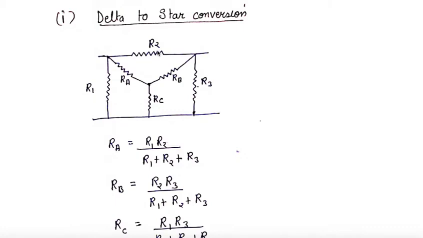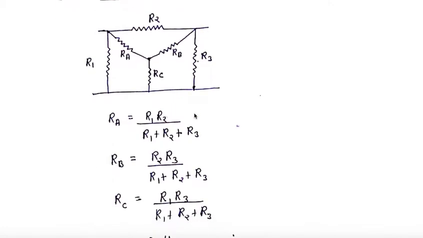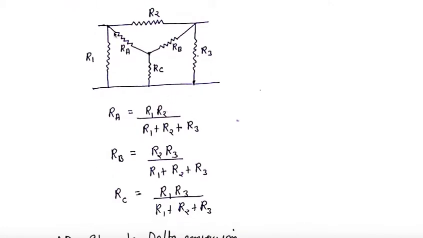RB will be R2 into R3 divided by R1 plus R2 plus R3, and RC will be R1 into R3 upon R1 plus R2 plus R3. So it is very easy to learn the formulas. Whatever resistance you are taking, the resistances which are common to the node of this resistance will come in the numerator, and the denominator will be the sum of all resistances.